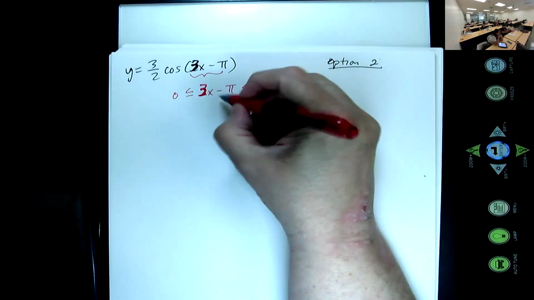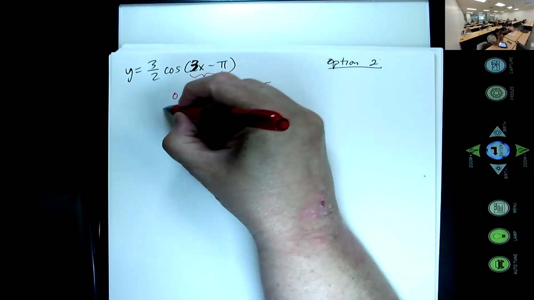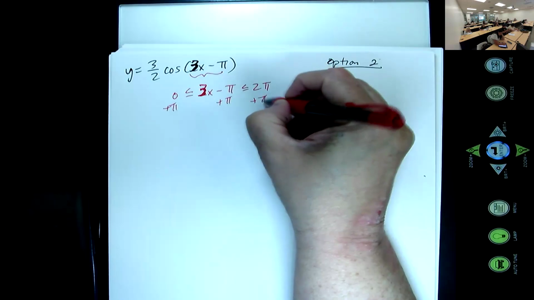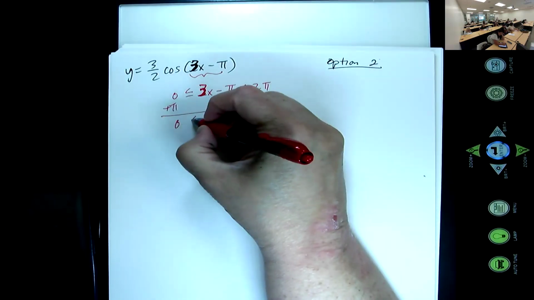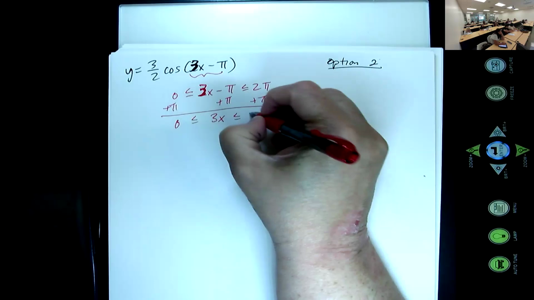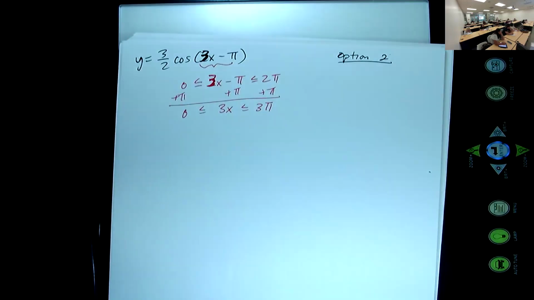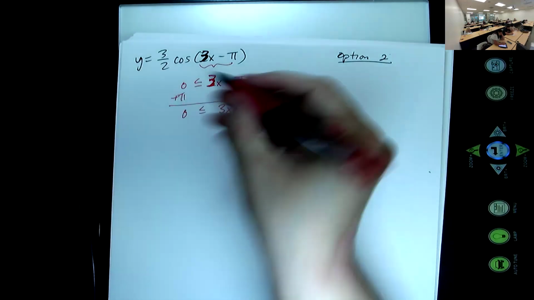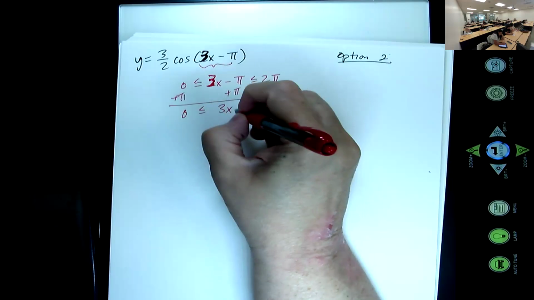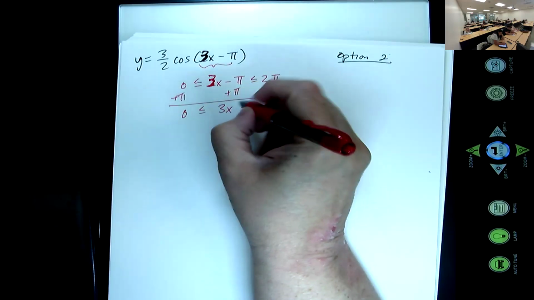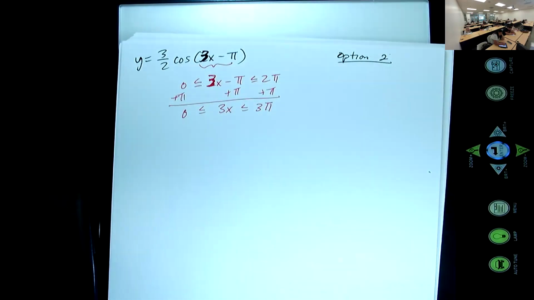So I add pi to all sides. I get 0 is less than or equal to 3x, which is less than or equal to 3 pi. And then divide by 3. I'm sorry, is 0 plus pi not pi?